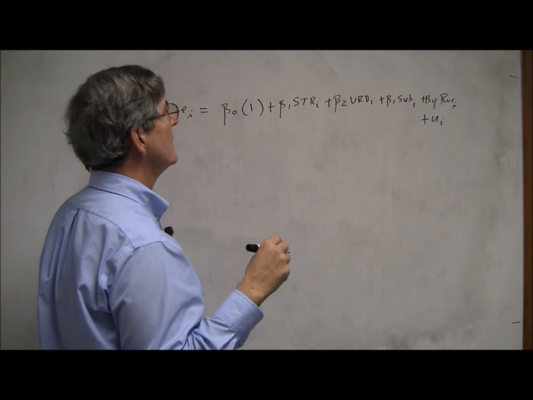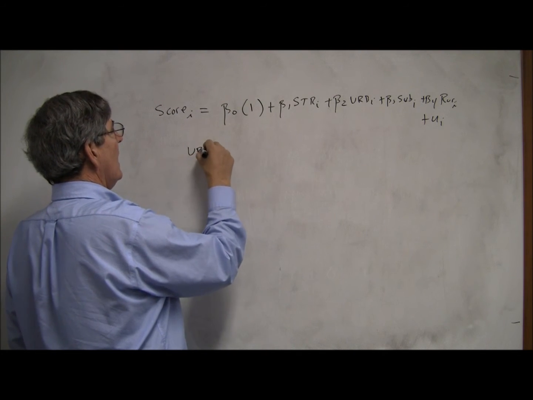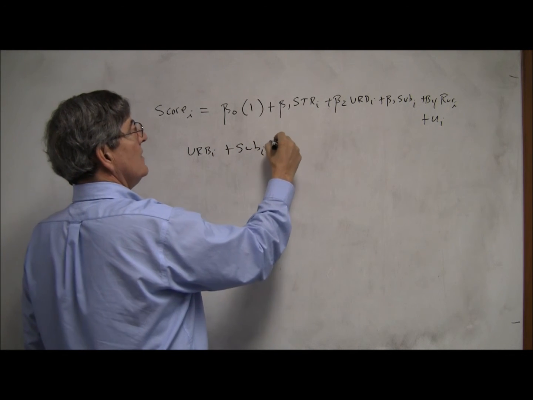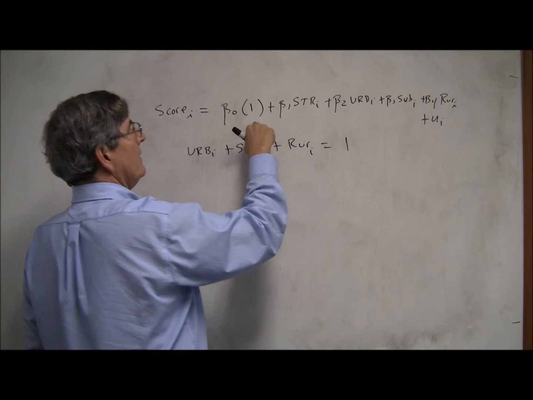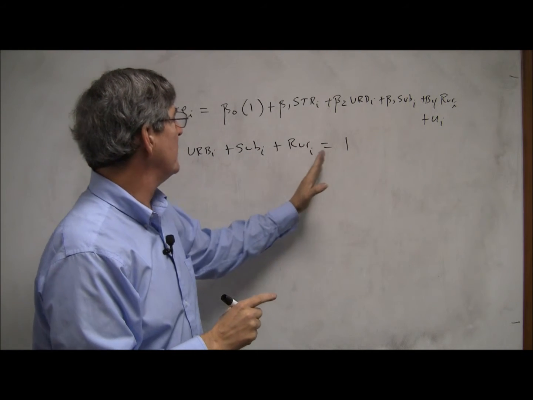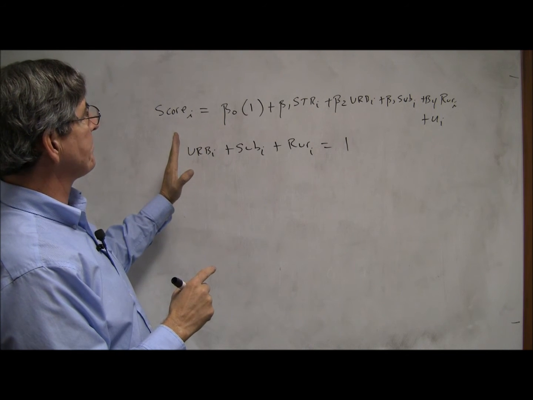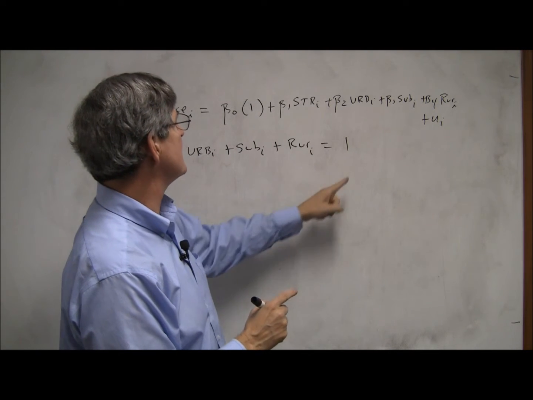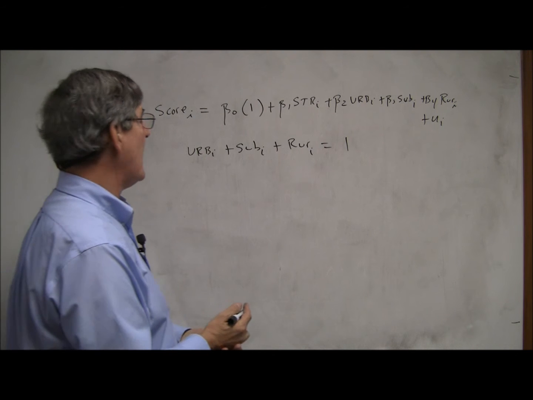What's the problem? The problem is that urbi plus suburbani plus rurali will always equal 1, the constant variable here. So we have perfect multicollinearity because those three variables always sum to the constant. And that's called the dummy variable trap.